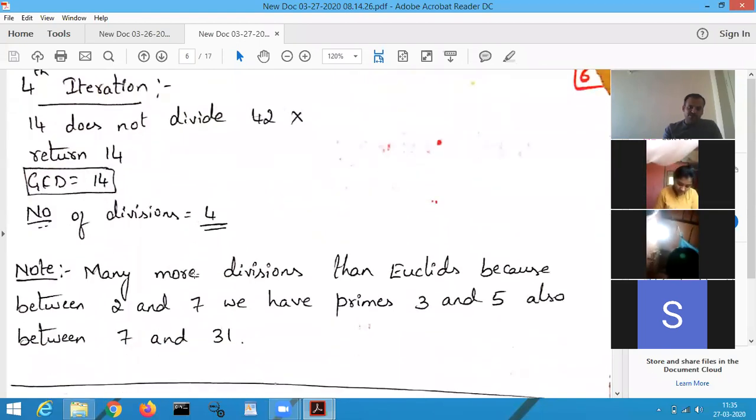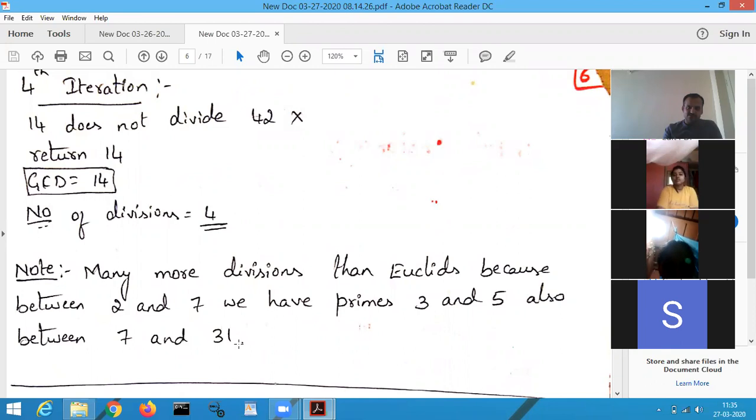This way the number of divisions is 4. But in the school level algorithm, there are many more divisions than Euclid's, because between 2 and 7 we have many prime numbers, 3 and 5. Also between 7 and 31.